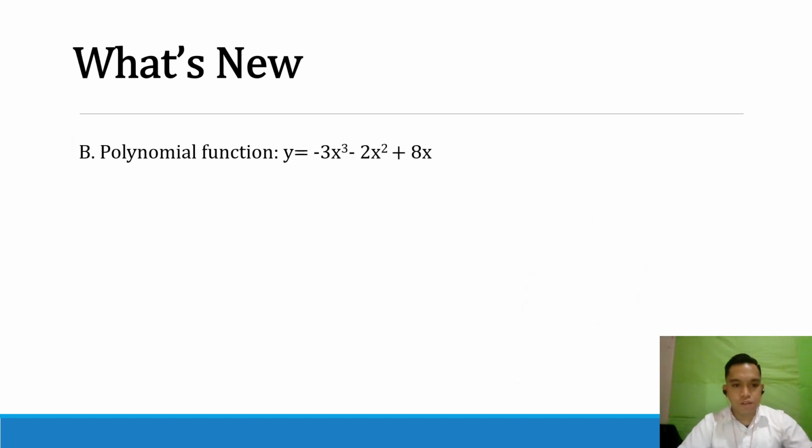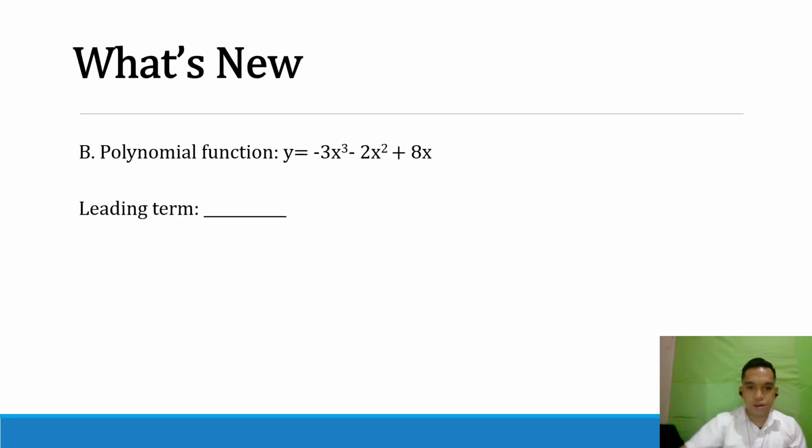For letter B, we have the polynomial function y equals negative 3x cubed minus 2x squared plus 8x. Let's identify the leading term, the leading coefficient, and the degree. The leading term here is negative 3x cubed. And the leading coefficient is negative 3, so that is negative.